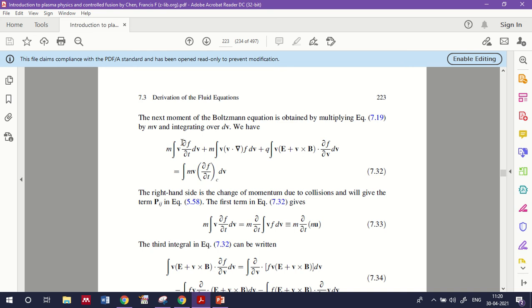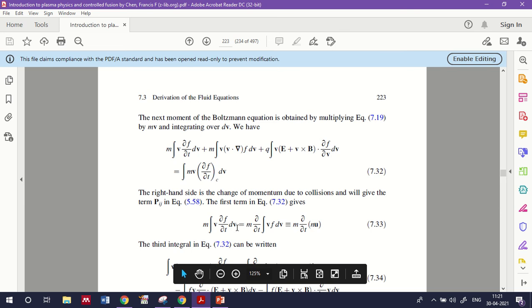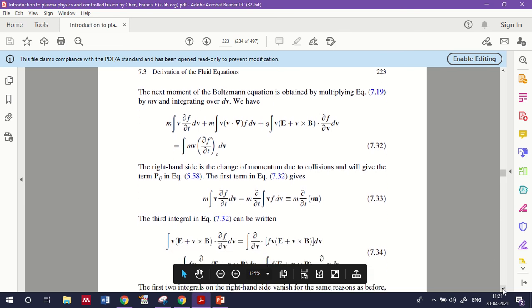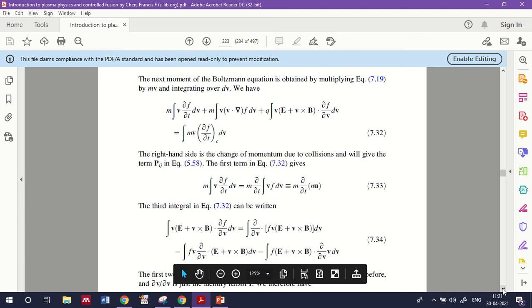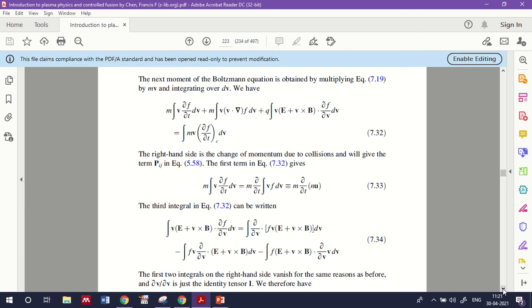Now we'll treat each representation on the left hand side. First we take m integral v dou f by dou t dv, which becomes m dou by dou t integral v f dv.